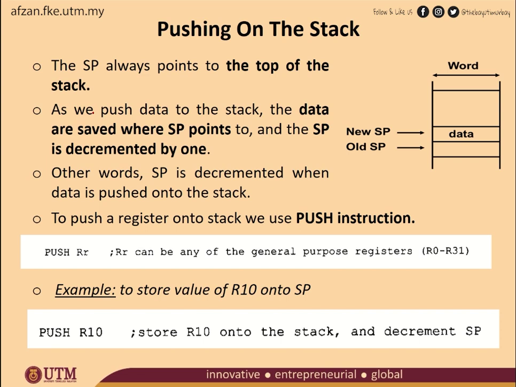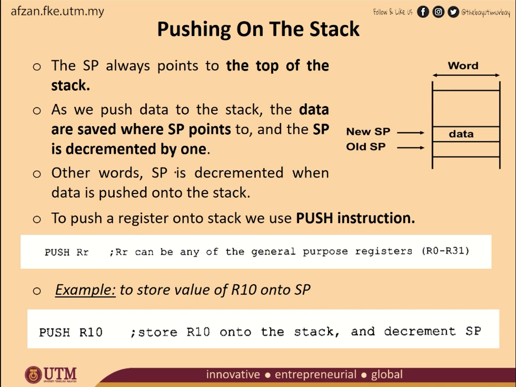As we push data to the stack, the data is saved where the stack pointer points to, and the stack pointer is decremented by 1. In other words, the stack pointer is decremented when data is pushed onto the stack.